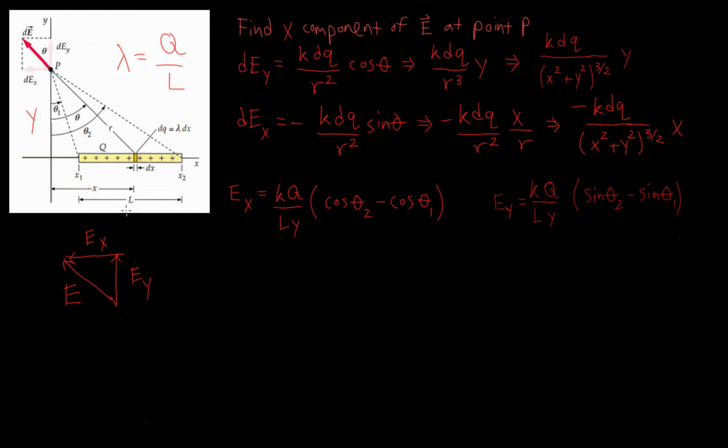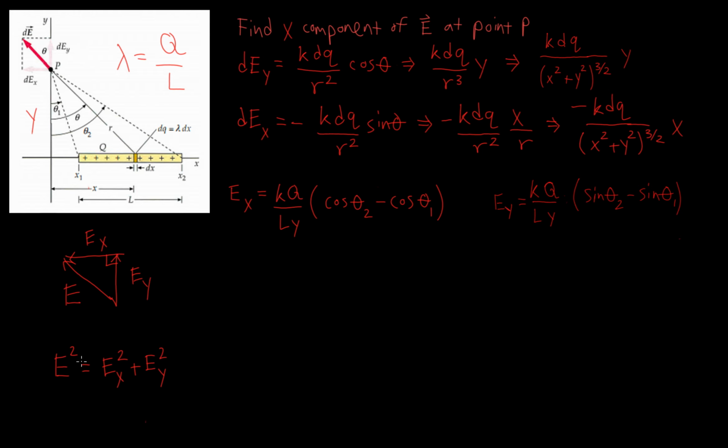Note that this is a right triangle, and the 90-degree angle is right there. So we can use the Pythagorean theorem: the hypotenuse E squared is equal to the electric field in the x direction squared plus the electric field in the y direction squared.